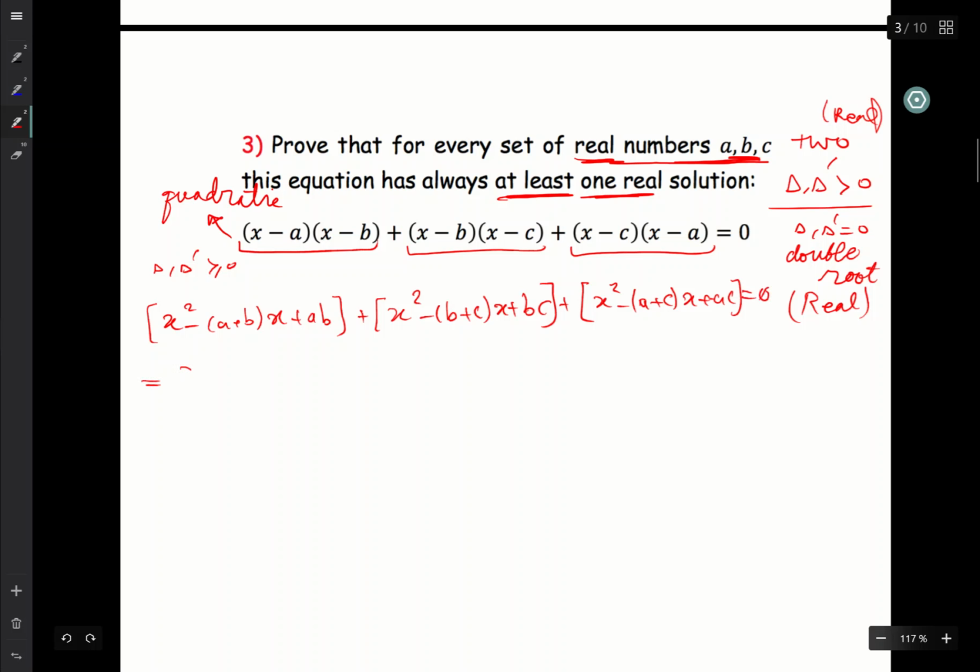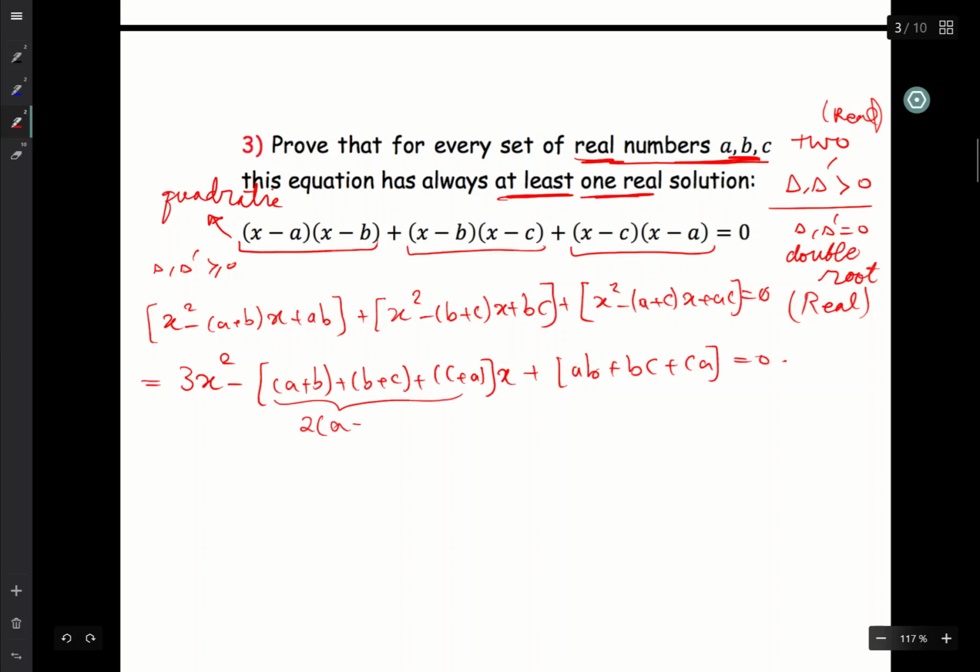Therefore, we have 3x squared minus (a plus b plus b plus c plus c plus a)x plus ab plus bc plus ca. And this is 2(a plus b plus c).